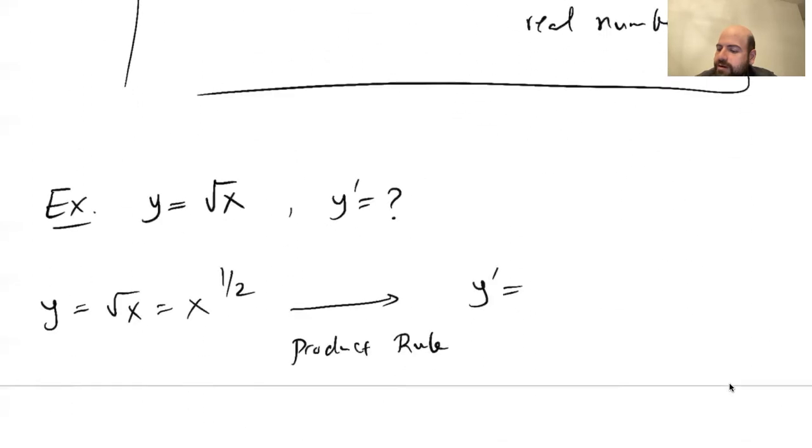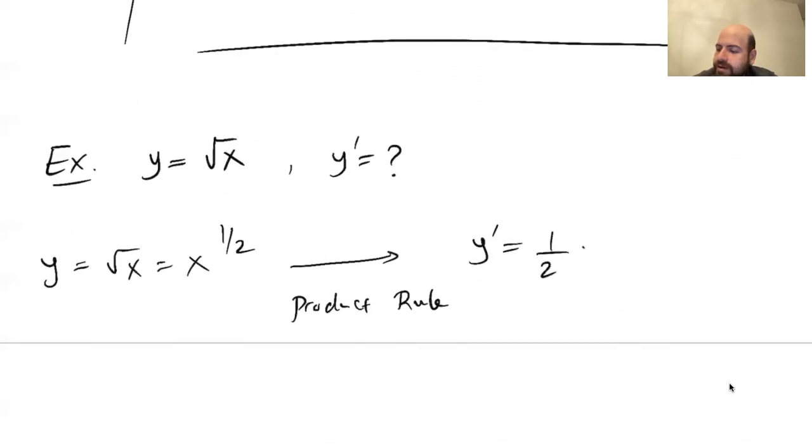R times x to the power r minus 1. So 1/2 times x to the power 1/2 minus 1, which is 1/2 x to the power minus 1/2. And this, 1/2 x to the power minus 1/2, means 1 over x to the power 1/2, which means 1 over root x.